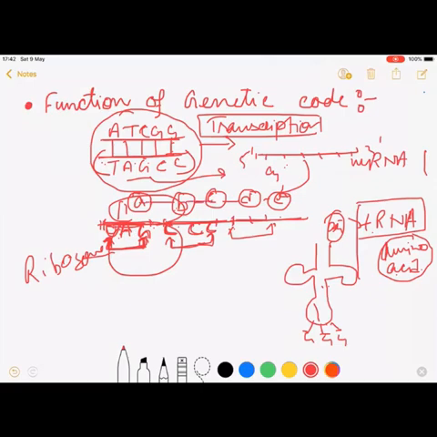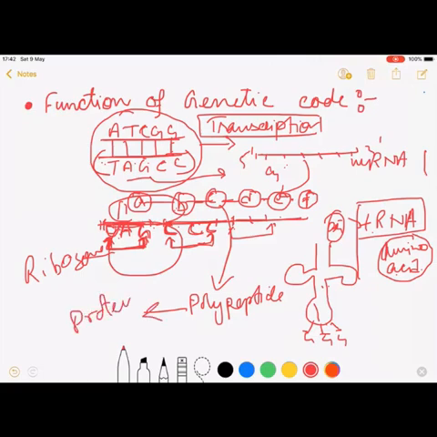And when the specific number and specific sequence of amino acids get attached, it will form a polypeptide chain, and the polypeptide chain later forms a protein, and this process is called translation or protein synthesis. So, transcription, translation. Here the genetic code plays a very important role.